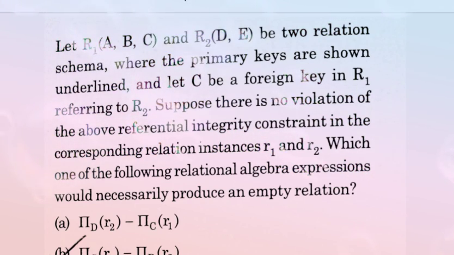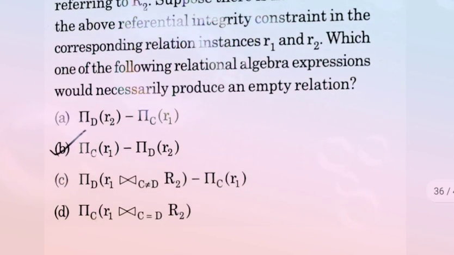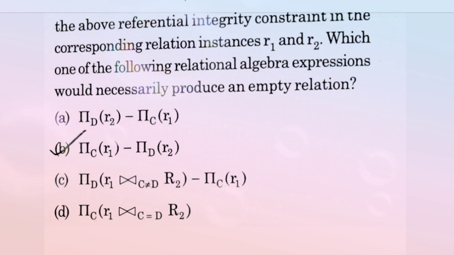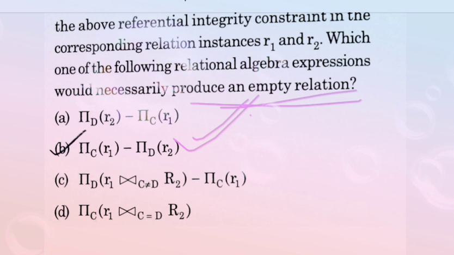There are four options: A, B, C and D. The correct answer is option B, project C from R1 difference project D from R2, which produces the empty relation. So option B is the correct answer.